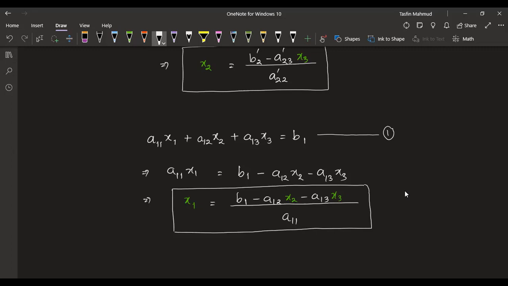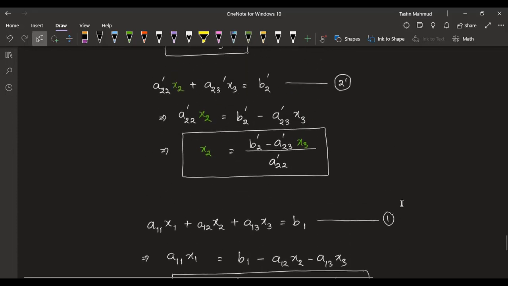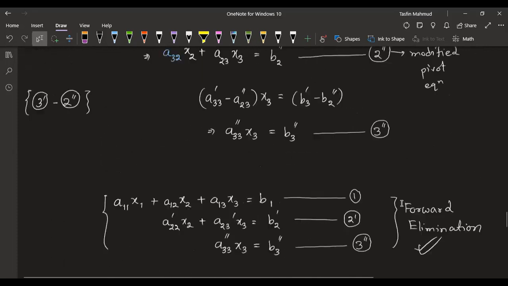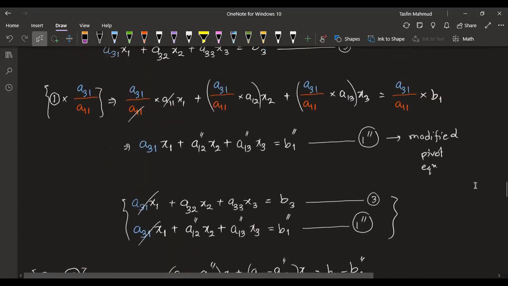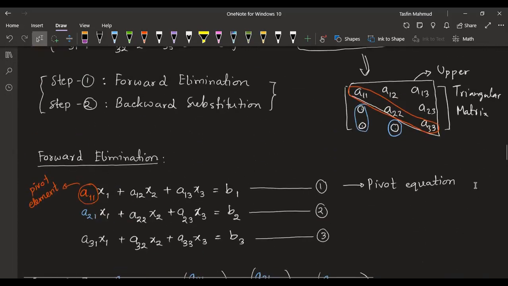Why did we learn about Gaussian elimination? Let's move back to the origin. The first thing was that matrix inversion is not that easy to perform whenever the system becomes larger.